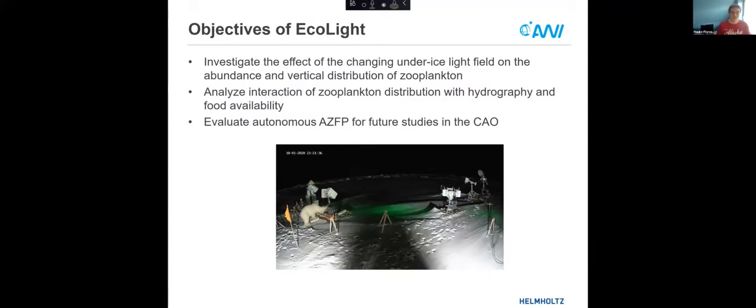Because for some time from now on, although the ice is going to be thinner and the season is going to be shorter, there will be enormous amounts of ice in the Arctic Ocean. And the only way to assess what the ecosystem is doing is to use either icebreakers or autonomous buoys that can monitor parameters of that ecosystem.